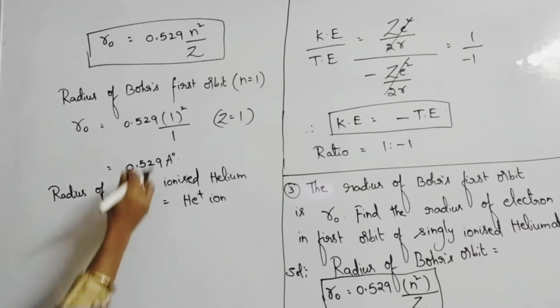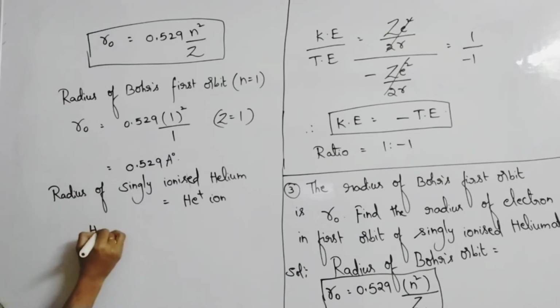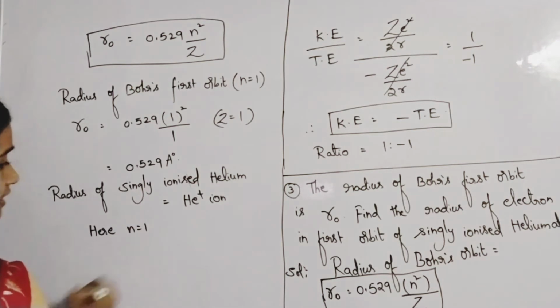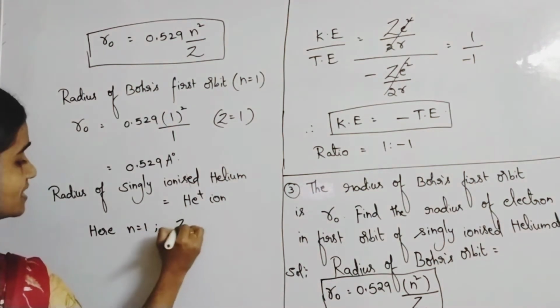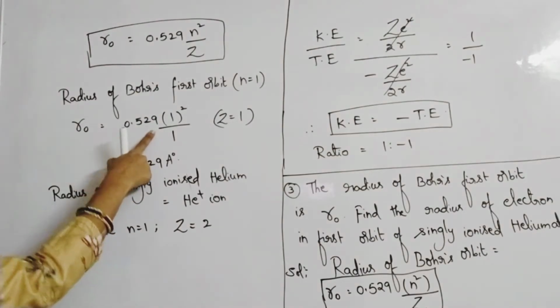Again you will use the same formula, 0.529 into n square by z. Here the first orbit is asked, so n is equal to 1, and the z value of helium is 2. Substitute these values in the formula.